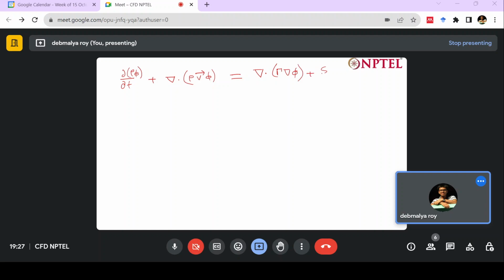Let me number the terms. This is the first one, the second one, the third one, the fourth one. We had started exploring different methods of solution. First we had seen the case where the third and fourth terms are present, and the first and second are not. That is a very common condition that we have.